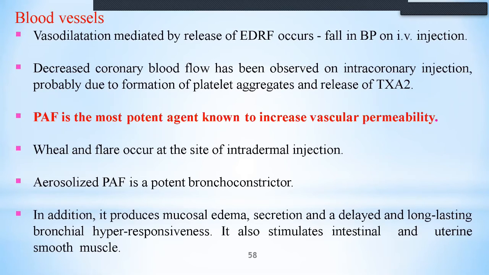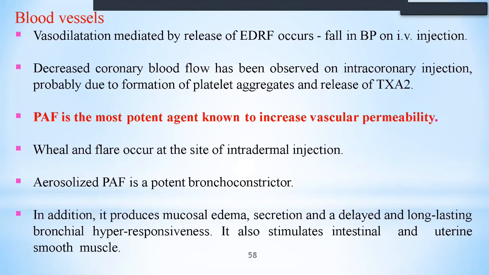This is probably due to the formation of PAF aggregates and TXA2, or thromboxane A2. And please underline this: PAF is the most potent known agent to increase vascular permeability, which means it is one of the most powerful inflammatory agents. Wheal and flare, just like histamine, occurs at the site of intradermal injection. If you administer PAF intradermally, then a huge wheal and flare will be formed.